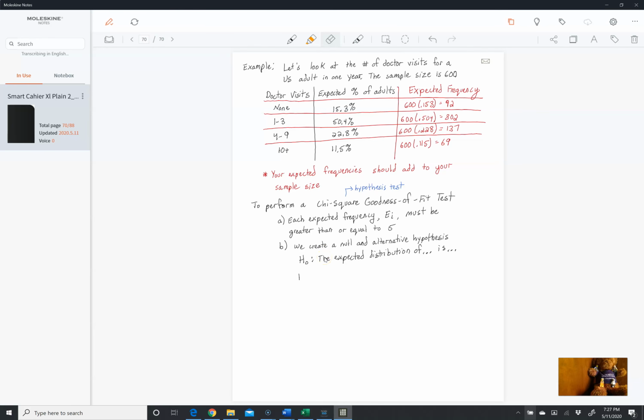The alternative hypothesis is saying, nope, the actual distribution of the number of times U.S. adults go to see doctors differs from the expected distribution.